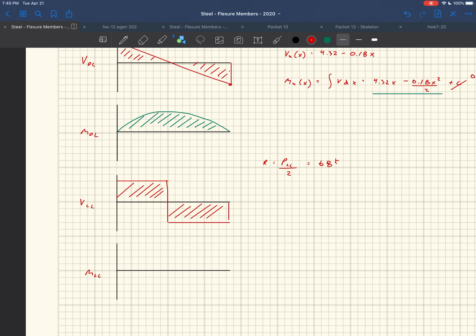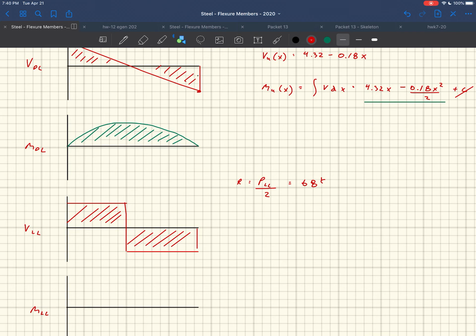With the point load in the middle there's going to be a jump, so it starts at P over 2 and, since there is no distributed load, is constant across here. The point load jumps it down by P, the live load of 128, so it goes across at negative 64, and then it gets bumped back up. 68, right? No, it's not. 128, 64. Let me finish.